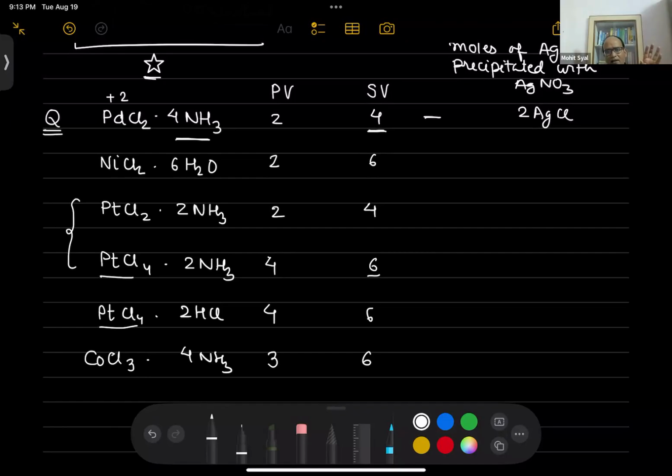The remaining ions are actually ionizable. So 6, and we have 6 neutral molecules. Got it? So this Cl minus will be ionizable. They can ionize, they can go out. So it is going to give 2 moles of AgCl. What about this one?